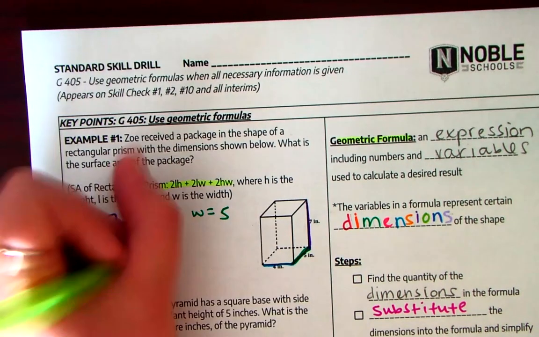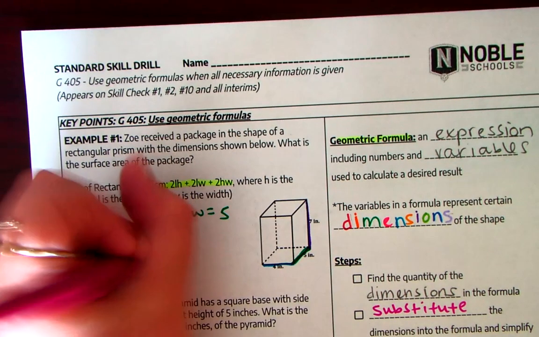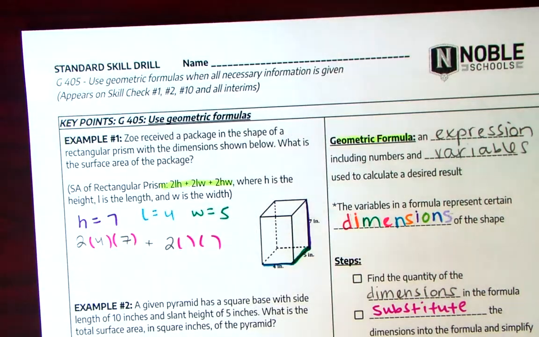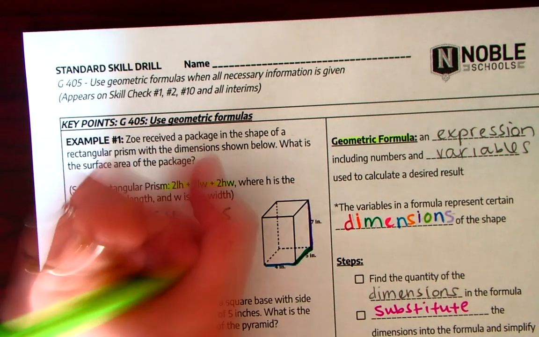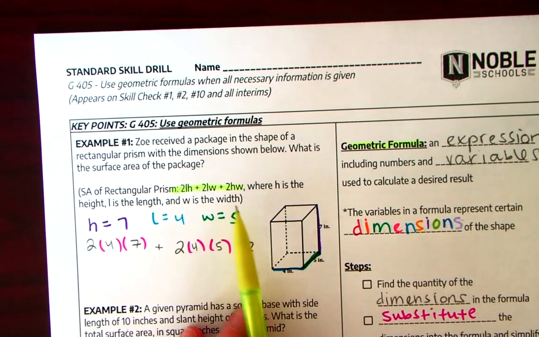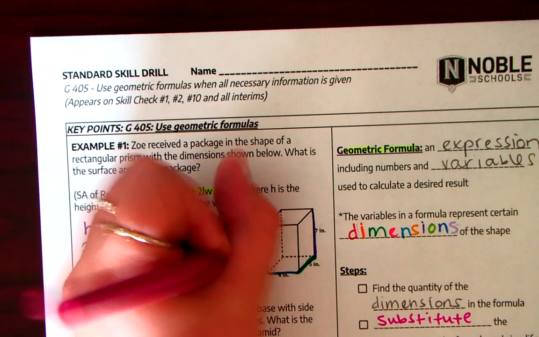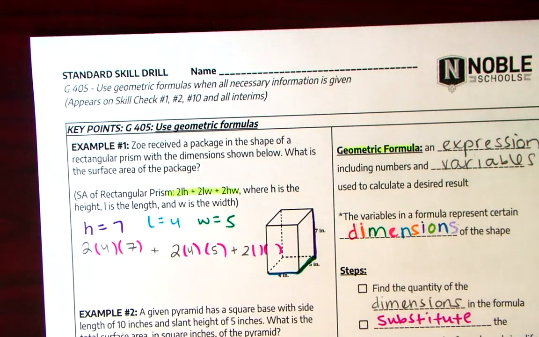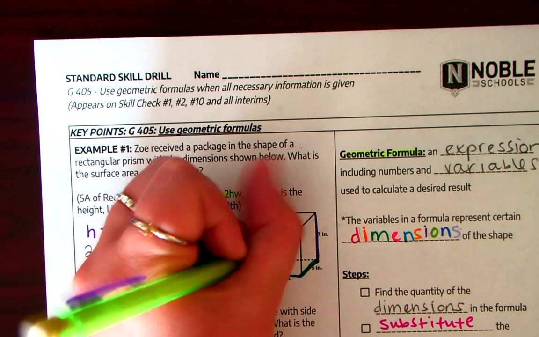Plus 2, the formula says, times the length and the width. So my length is 4, my width is 5, plus 2 times height and width. I'm running out of space. Height is 7, width is 5.